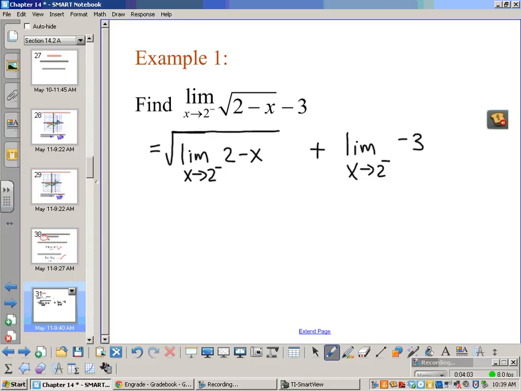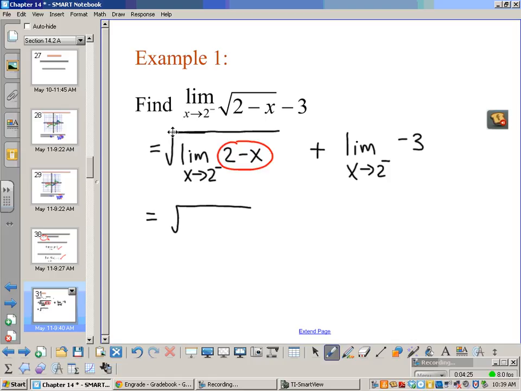Once I have it here, I know that this 2 minus x is just a polynomial. So I can plug in 2 there, and I would get a 0.